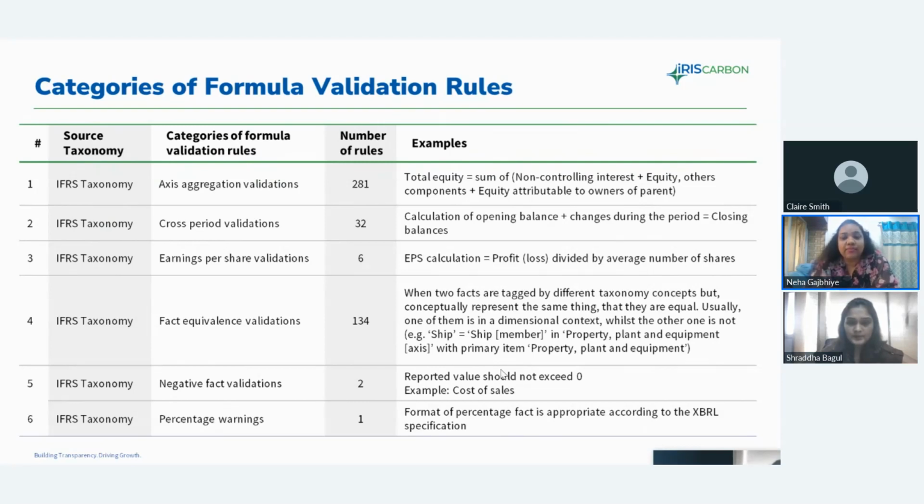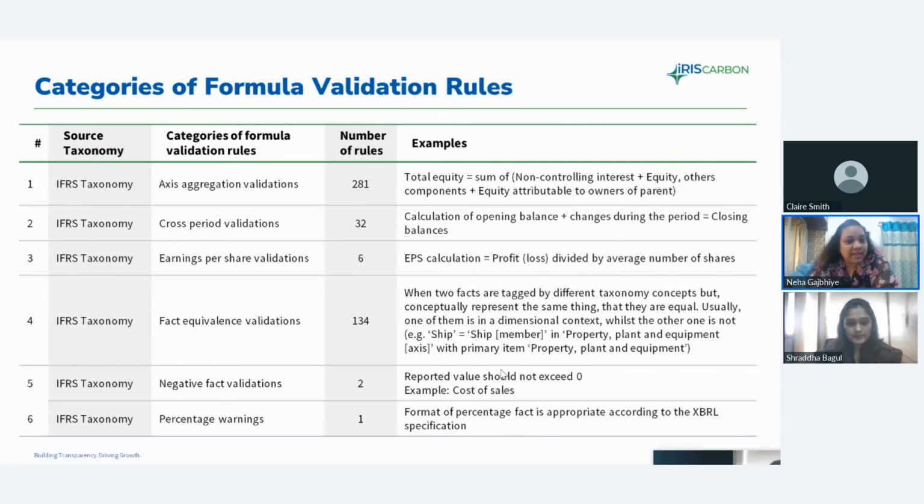So this is the calculation wherein you can sum up dimensional information. For example, if you want to sum up total equity, it will always be a sum of non-controlling interest plus equity other components plus equity attributable to owners of parent. This is how excess aggregation validation will be run.